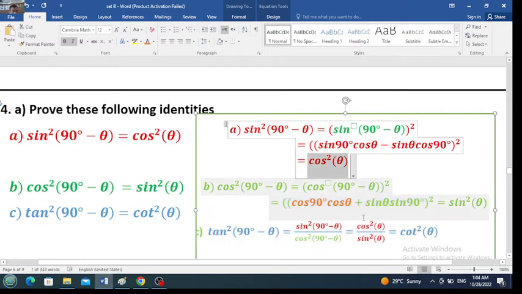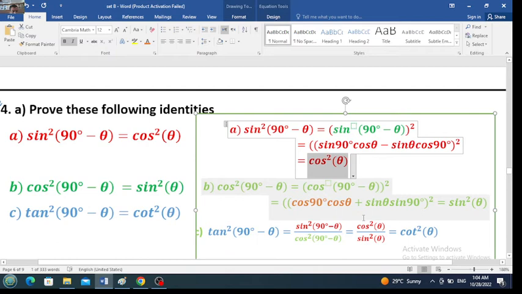I will write this at the top above the line, so it will be cosine squared of theta divided by cosine squared of 90 minus theta. We showed this one is sine squared. So cosine squared over sine squared gives cotangent squared. Now we have proved this one.